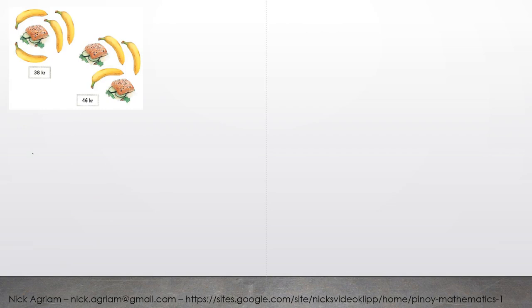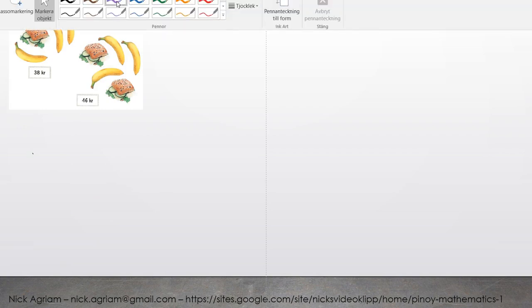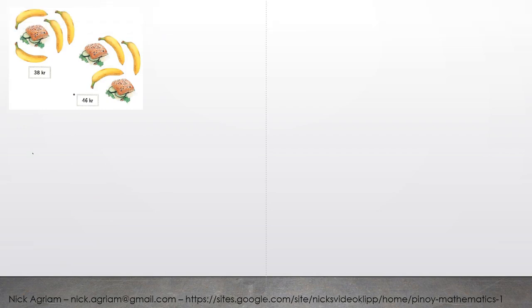Here is another example. A little application of what you have learned. For example, you see 4 bananas and 1 sandwich there. The price of that is equal to 38 crowns.